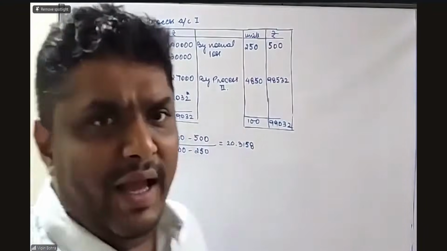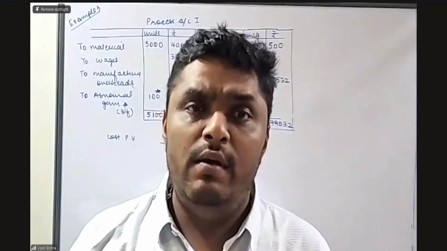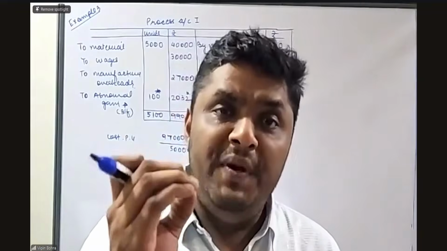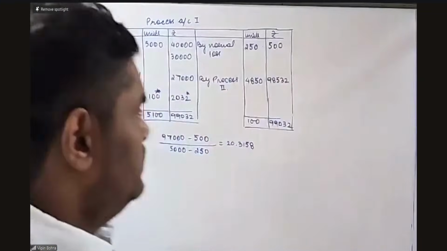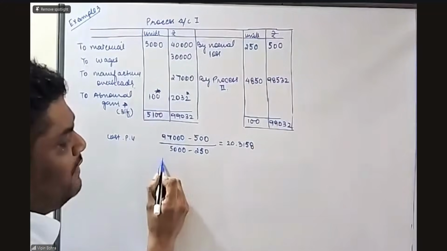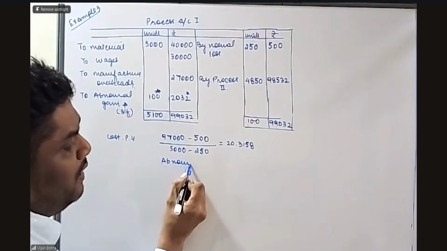Now, very important, guys, the process account is simple, but very important. The preparation of abnormal gain account is a bit tricky. So, let's start with the preparation of abnormal gain account.